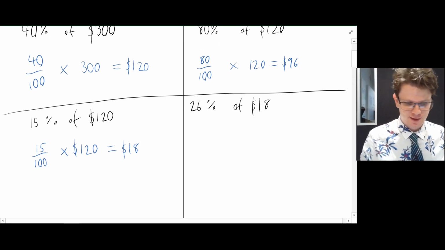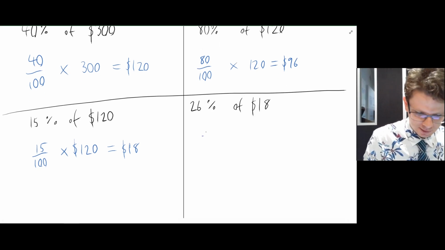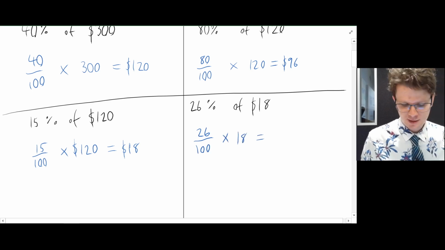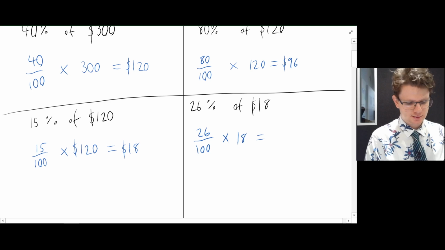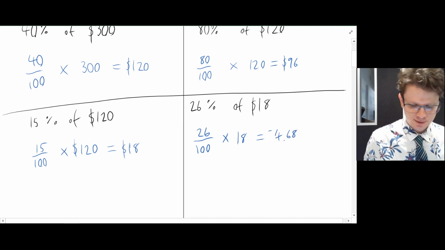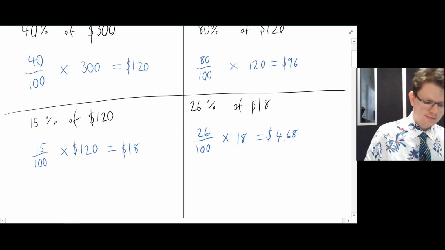Alrighty, so hopefully you've had a go. 26 over 100 times 18. And that gives us $4.68. Okay? So sometimes we're going to get less nice answers.